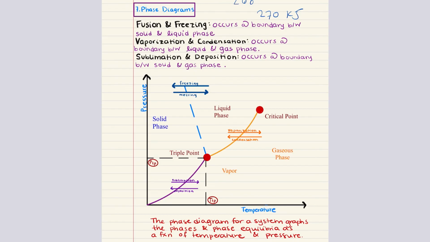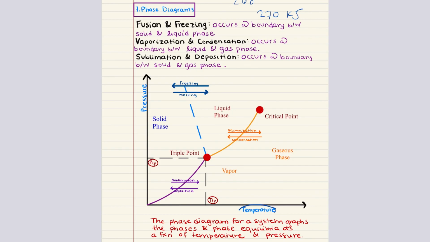Phase diagrams provide a comprehensive view of the states of matter and their transitions at various temperatures and pressures. Now, phase changes represent a transition between the different states of matter, solid, liquid, and gas. And we saw this earlier a little bit when we were discussing endothermic and exothermic processes. Now, phase diagrams are charts that show the state of matter under different conditions of temperature and pressure.